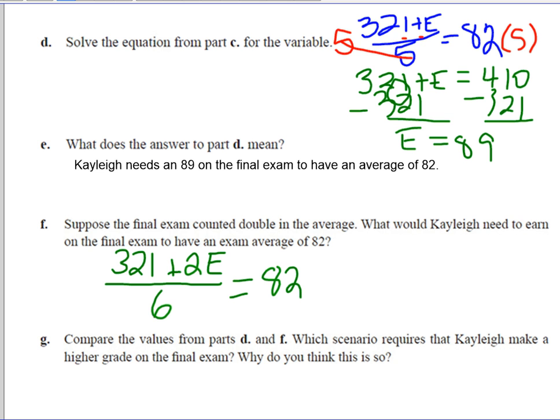So again, what we're still going to do is multiply both sides by the 6. That will leave us with 321 plus 2E, since it was in our numerator. But now instead of 82 times 5, it's 82 times 6. And that gives us a total of 492 points.